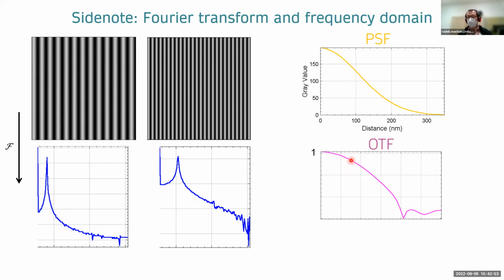how well the optical system can transmit different spatial frequencies. So low spatial frequencies, which mean large structures, can of course be transmitted without problem.